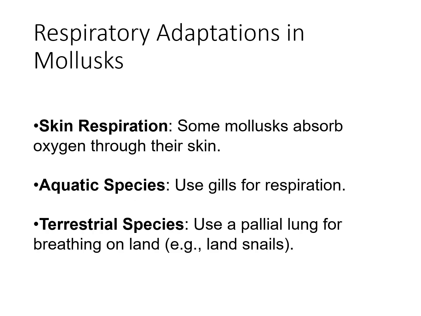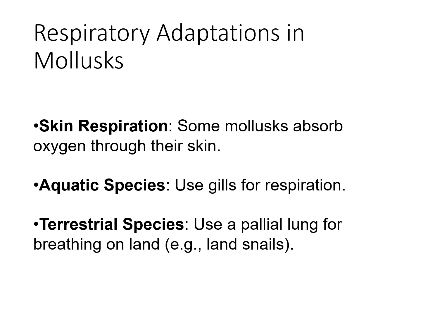Mollusks have developed a variety of respiratory adaptations to survive in different environments. Some species, especially small or simple ones, rely on skin respiration. They absorb oxygen directly through their skin, as long as it stays moist. Aquatic mollusks, like clams and octopuses, use gills to extract oxygen from water efficiently.